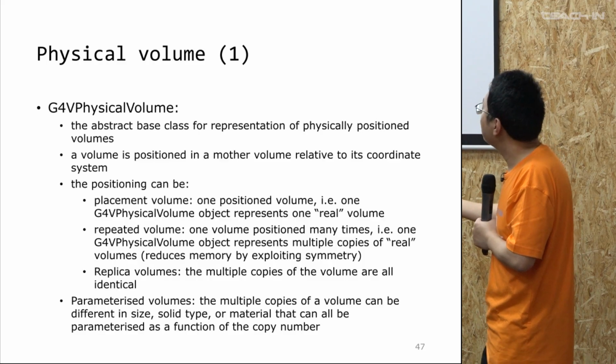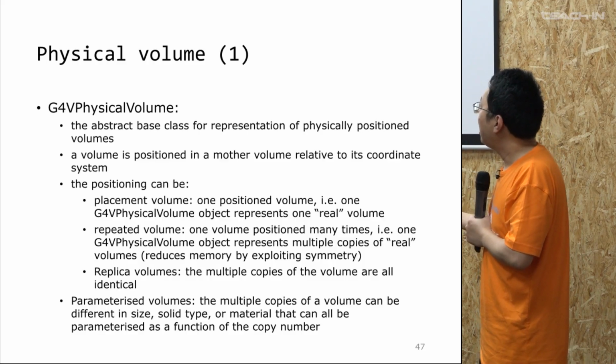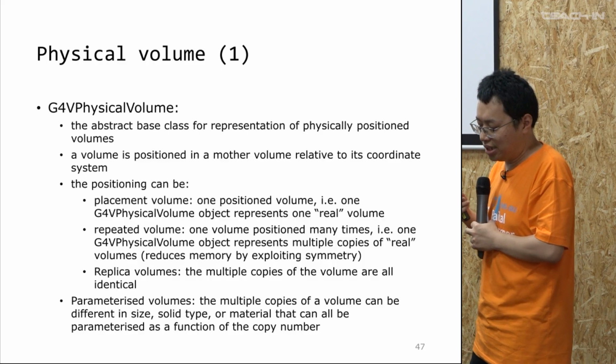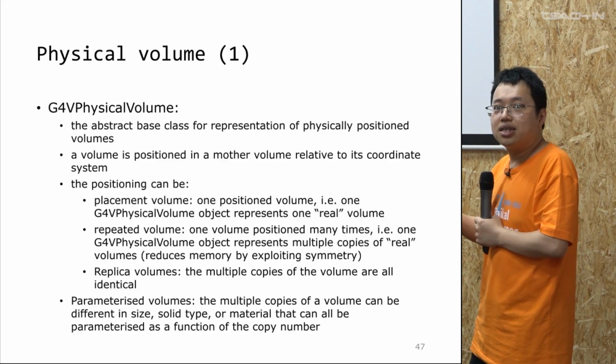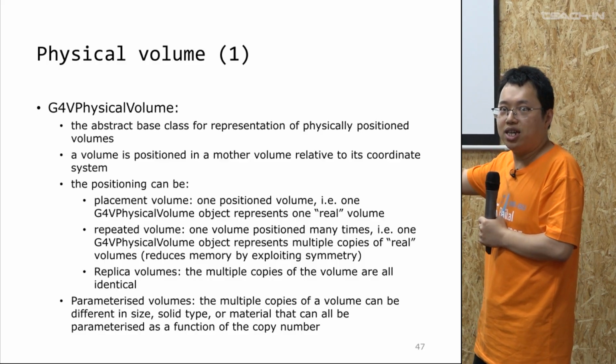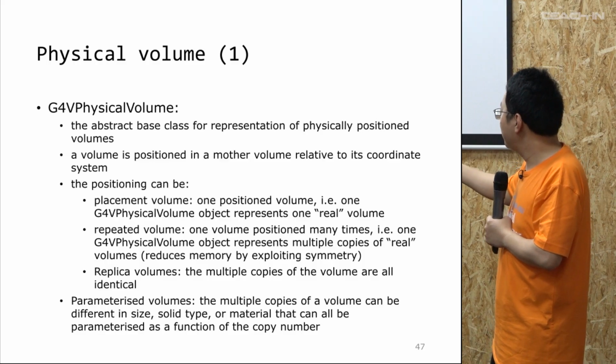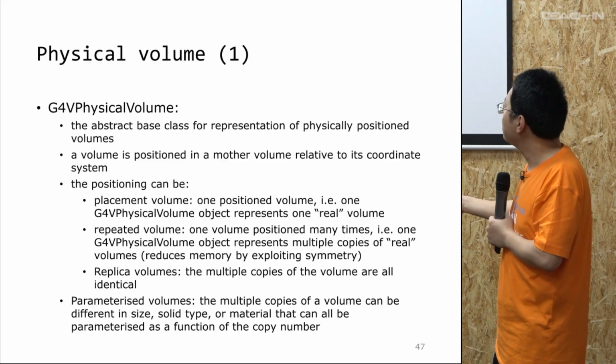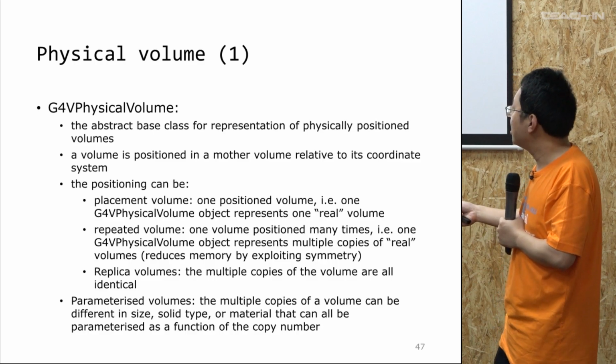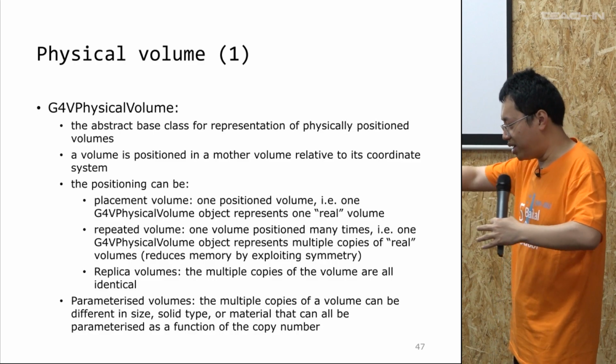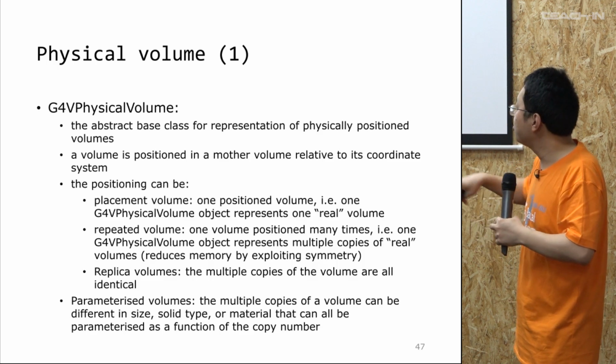Like you can have a placement volume, and also in some detectors you can see there is some replication. So that's why Geant4 also provides so-called repeated volumes or replica volumes. That's used to construct very complicated detector arrays.